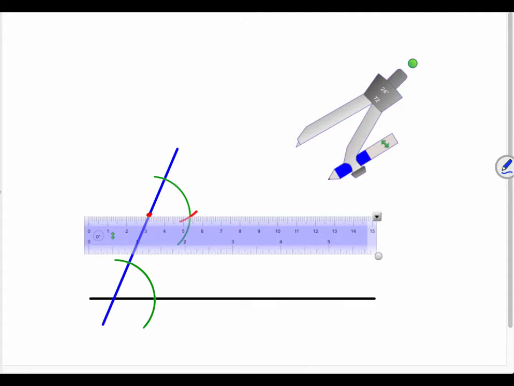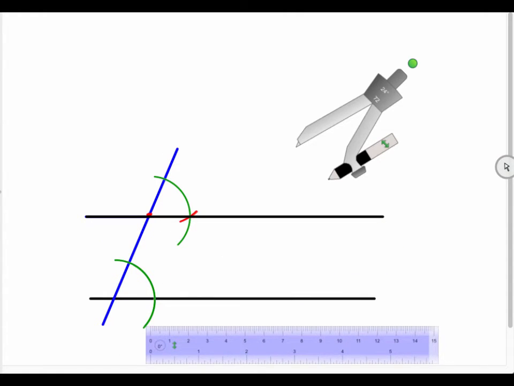Okay? Now, when I draw my line now, whoops, wrong color. Because I know that these two angles are congruent, and if I have congruent corresponding angles, then the lines are parallel. So this is not in the textbook, but let's just say angle 1 and angle 2.